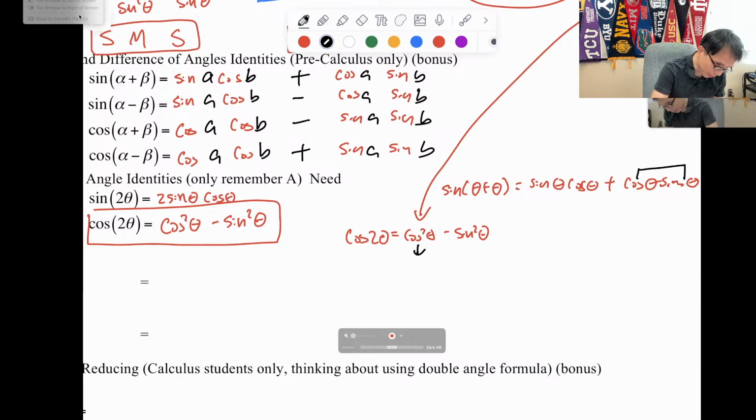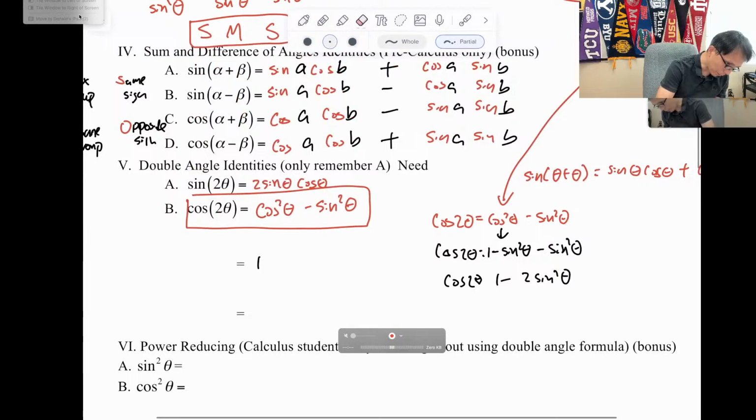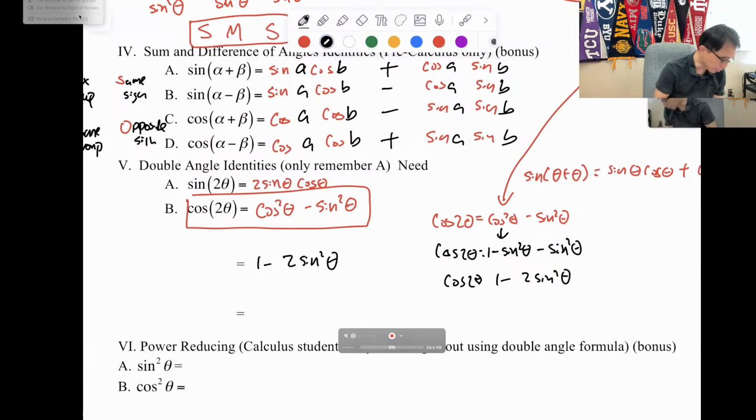This one is going to be 1 minus sine squared theta minus sine squared theta, and that's equal to cosine 2 theta. With that being said, cosine 2 theta is equal to 1 minus 2 sine squared theta. I just replaced the cosine squared with 1 minus sine squared. Pretty cool. I just came up with another one.